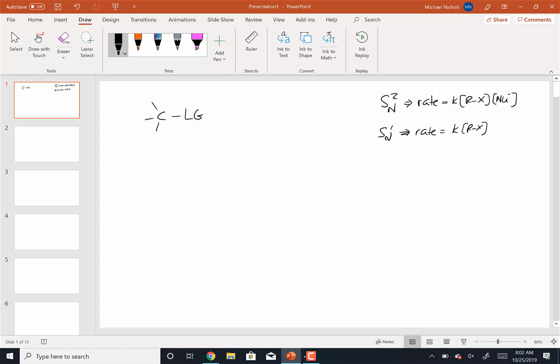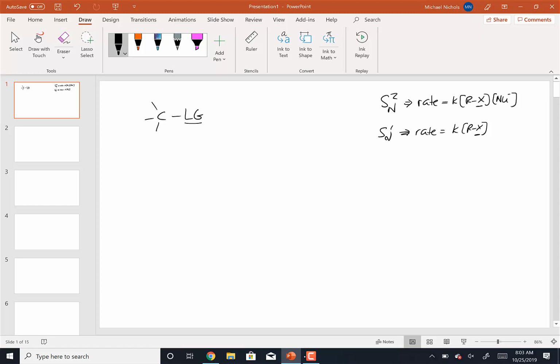The leaving group will always play a role in an SN1 or an SN2 reaction going faster. The reason is that the leaving group, what I'm calling X, is in the rate equation for both SN1 and SN2. So if you change the leaving group to a better one, it's going to speed up both of these reactions. If the leaving group is poorer, it's going to slow down either one of those reactions.